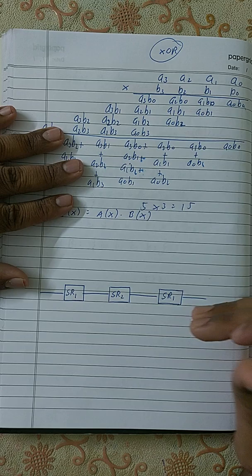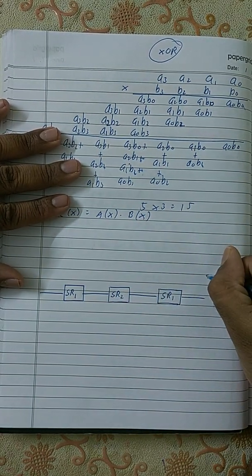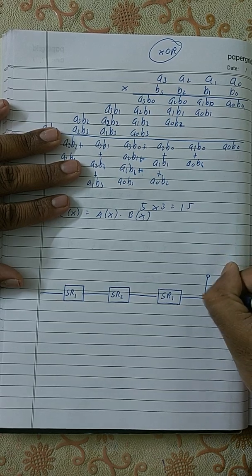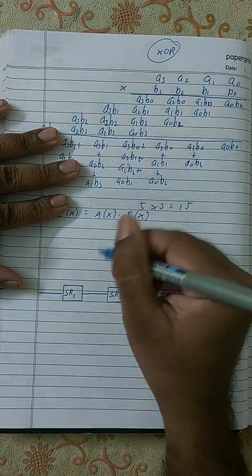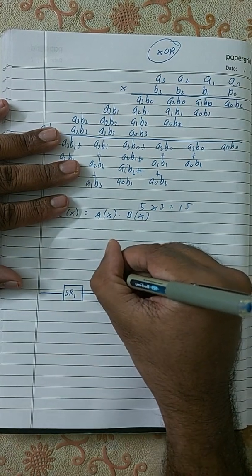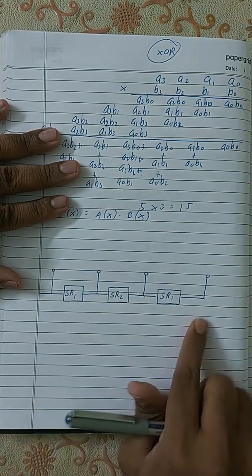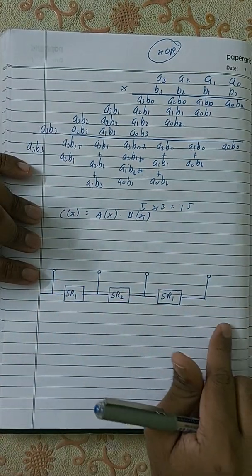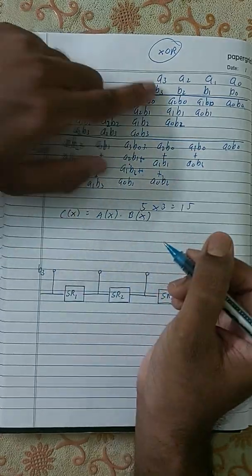The value of the switch depends on the multiplier. I will tell you the meaning of the switch later. This is just a normal switch. The reason I'm calling it a switch is because I don't have any other name for it. This switch is called B3, the same B3 over here.